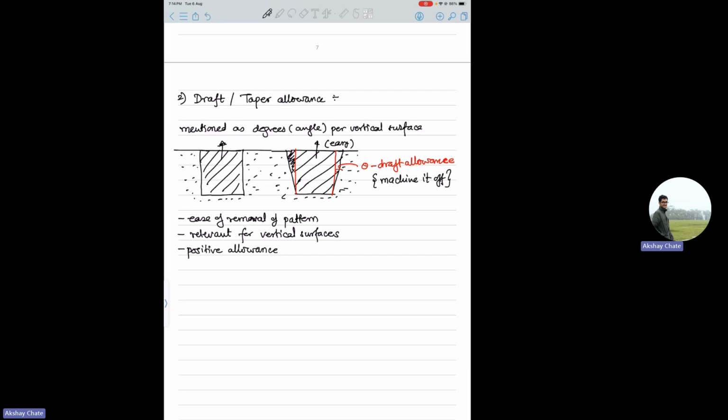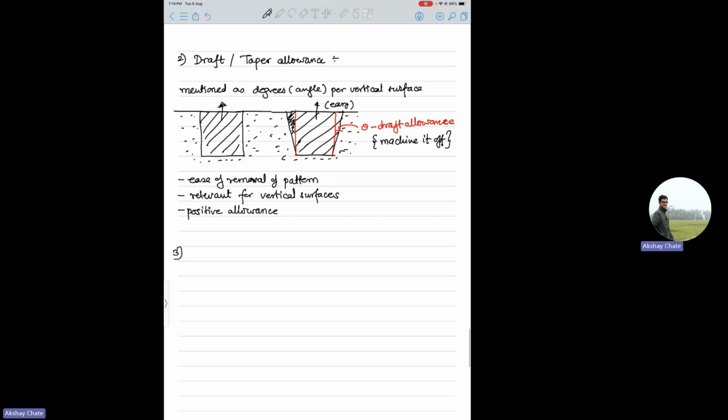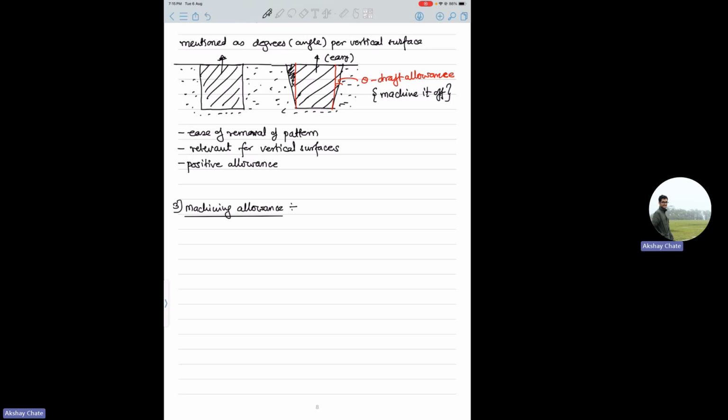So these are typical things. Okay. Then third one is machining allowance. Okay. So what does machining allowance mean? As I just said, you just have to machine it off. So in this case, what happens?